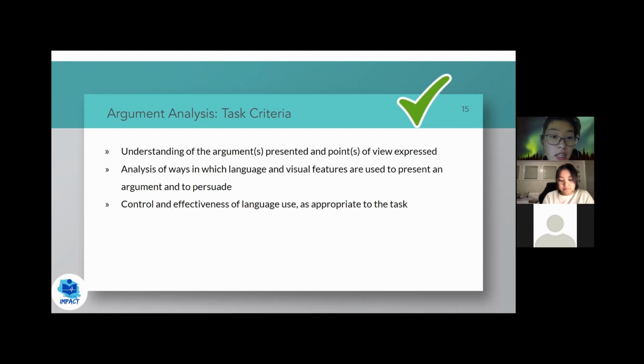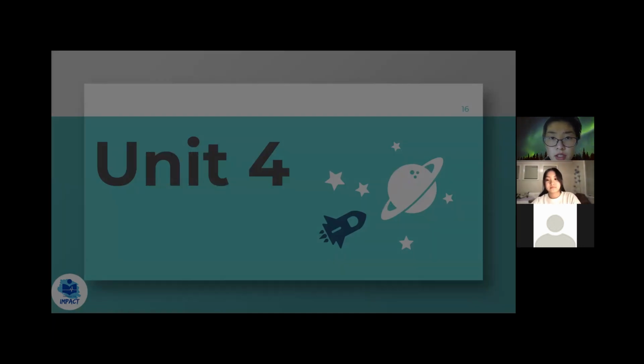And then secondly, it's that really specific analysis of the way that specific language has been chosen and written to make an argument. Like, how is language being used to convey a particular intended effect? And then essentially we've got control, fluency, and expressiveness of language.